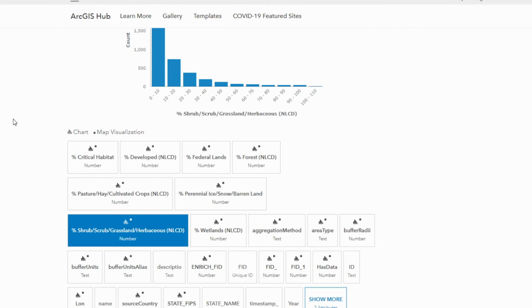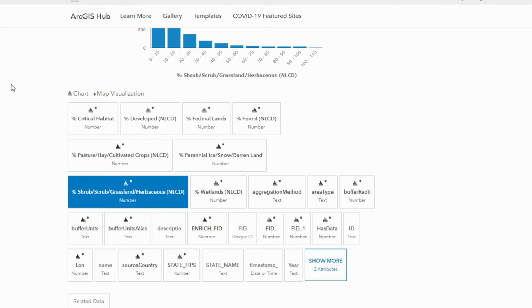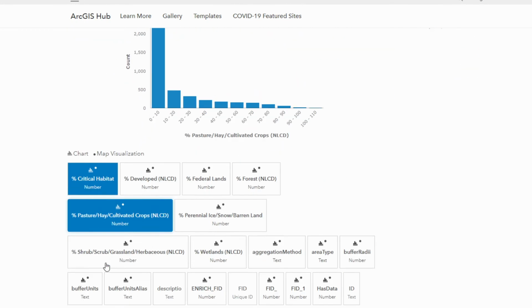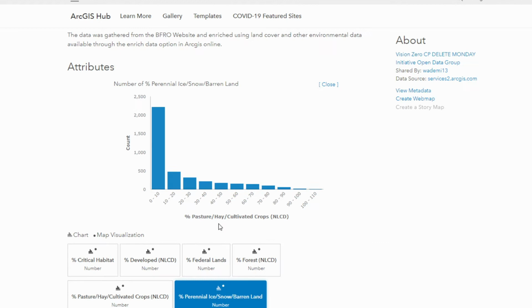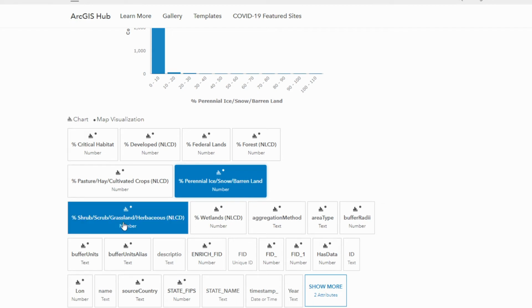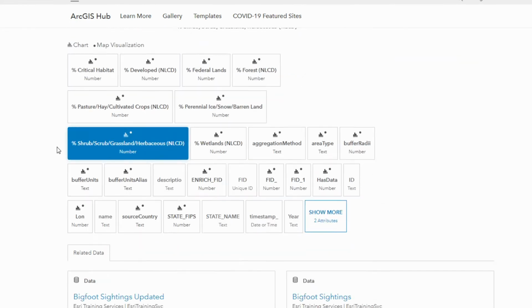It includes things like percent forest, percent pasture, perennial ice and snow, barren land, and then shrub, scrub, grassland, that sort of thing.